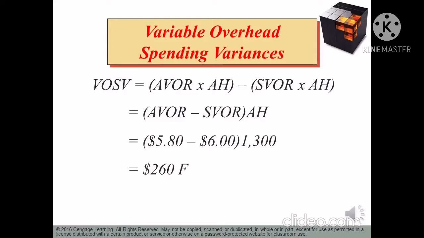So the rate for every hour is $5.80. You get it from $7,540 divided by 1,300, and you will get $5.80. Then minus $6, which you get from the standard variable overhead rate, and multiply with actual hours. The actual hours here are 1,300, and the final answer is $260.